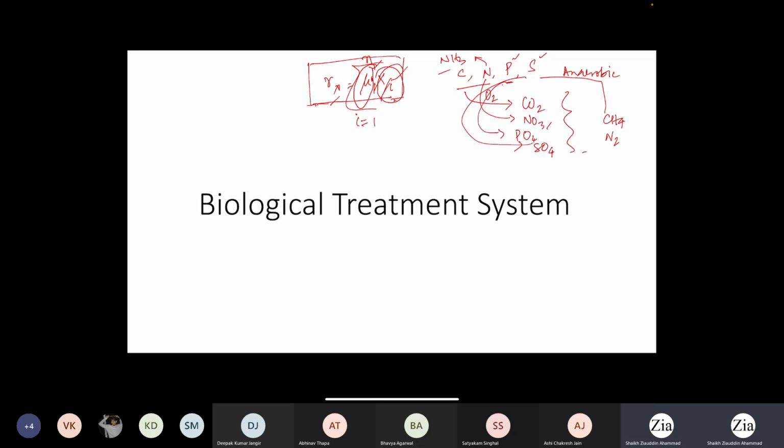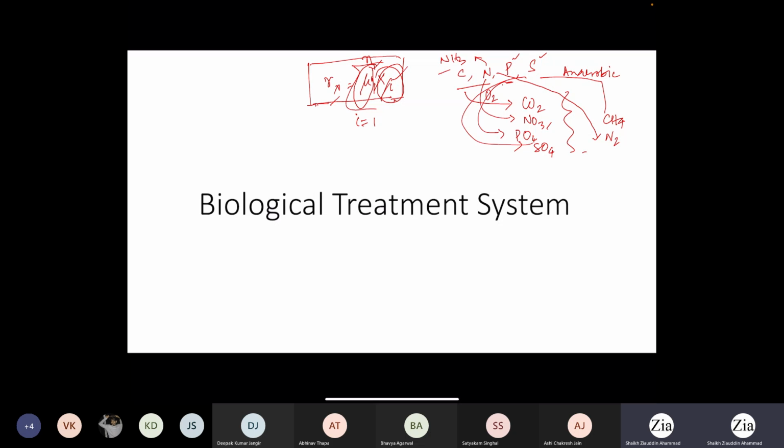Or you can have one-step nitrogen removal, that is directly ammonia or any other ammoniacal substance to nitrogen using anammox. It is called anaerobic oxidation. So anaerobic oxidation can give you nitrogen.